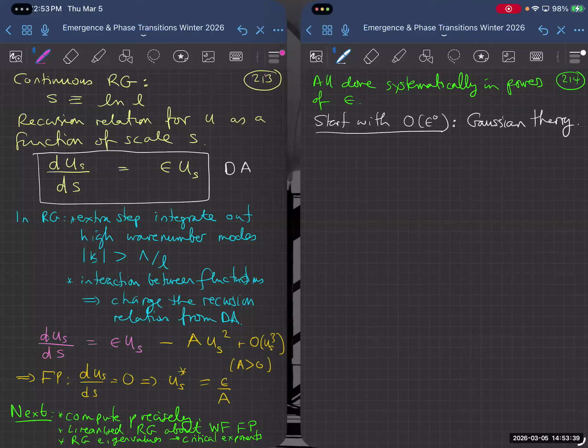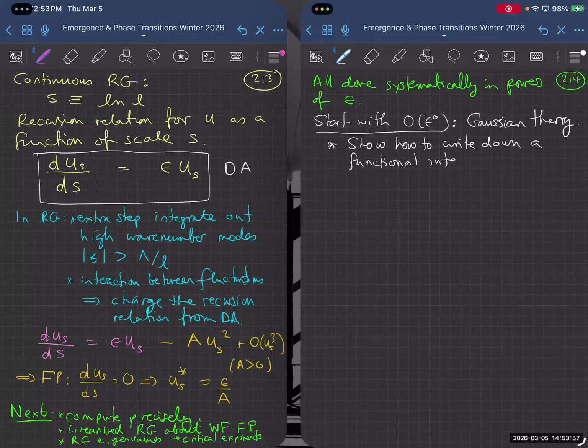So we're going to show how to write down a functional integral in a constructive way.